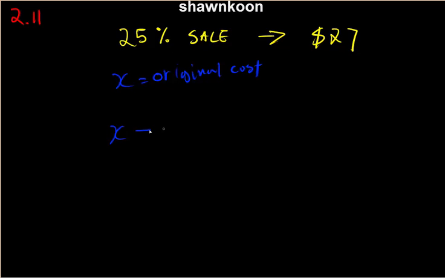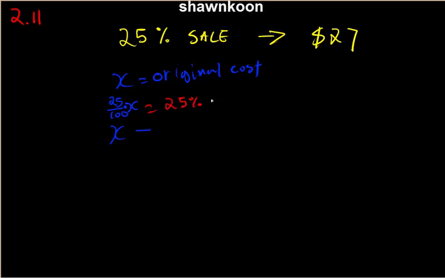So 25%, how do we know what the 25% is worth in dollars? We have to figure out how much that 25% was. In order to do that, we just multiply by 25%, which was 25 over 100, right? So 25 over 100 is 25%, and if we multiply that by the original cost, what is that same thing as?